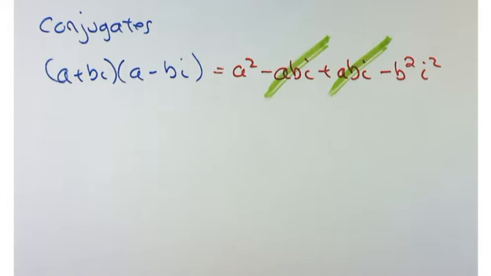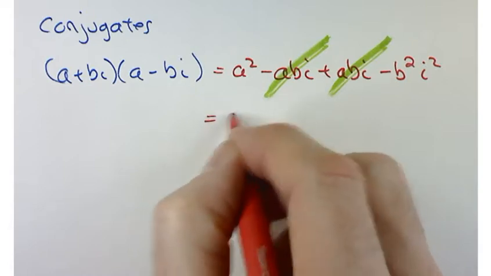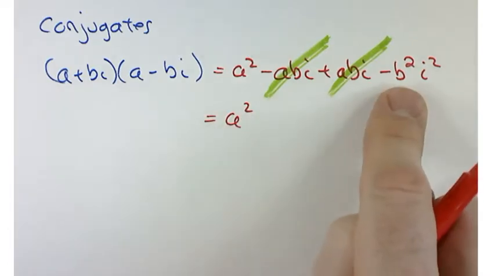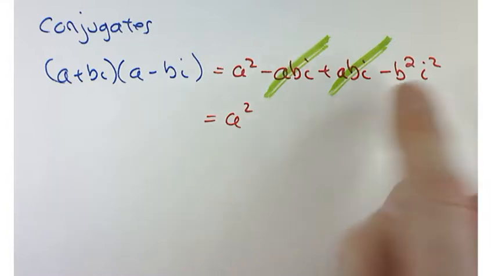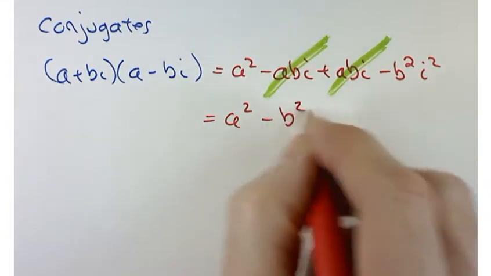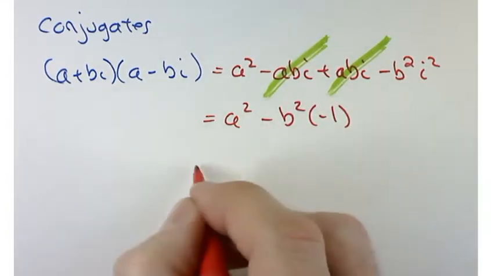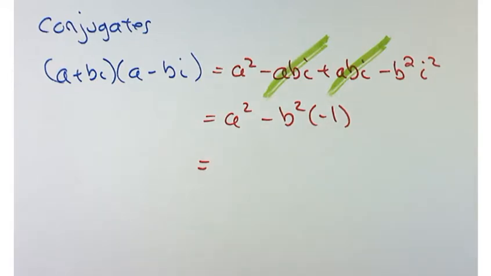That's cool. What happens to minus b squared i squared? This would be minus b squared times negative 1. And then a little bit more.